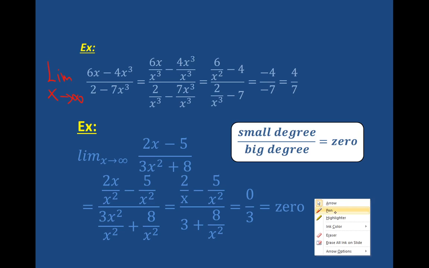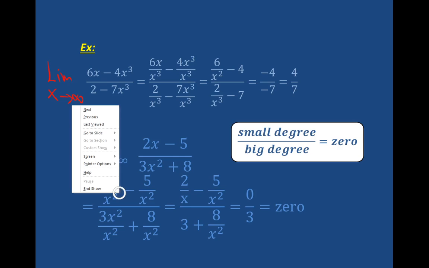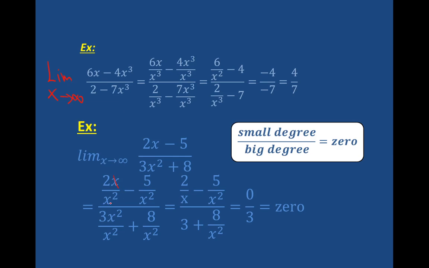Then x will be cancelled with x power 2. The remainder will be 2 over x. Also negative 5 over x squared. X squared here will be cancelled with x squared. The remainder equals 3 and 8 over x power 2.